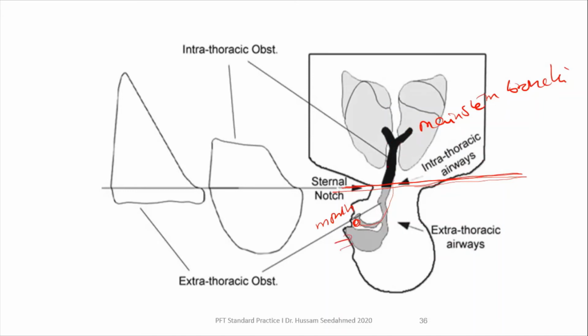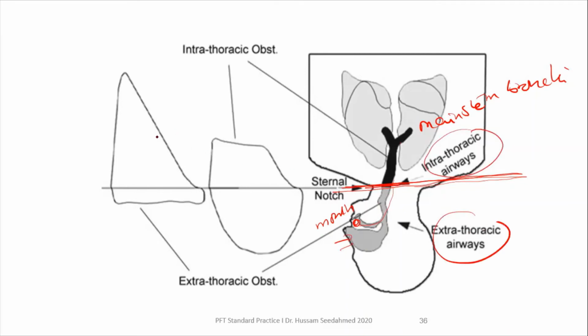The upper airway itself is divided into two portions at the level of the thoracic inlet, اللي هي 1 to 3 centimeters above the suprasternal notch at the level of the first thoracic vertebra. بيتقسم into intrathoracic airway, extrathoracic airway.